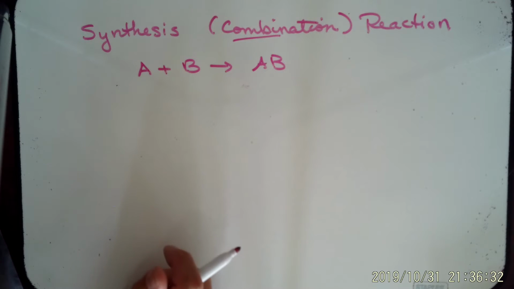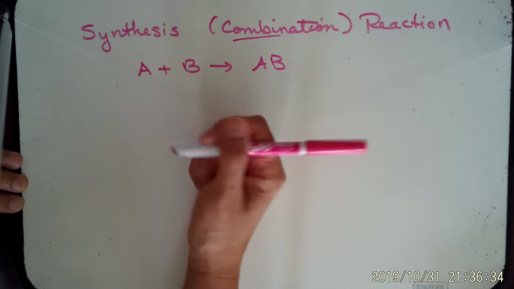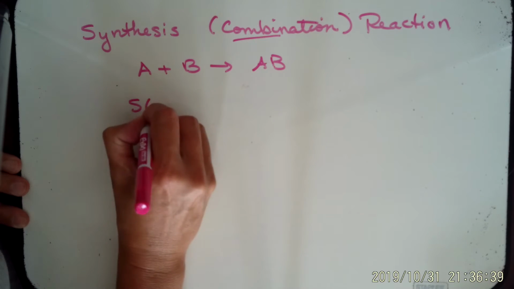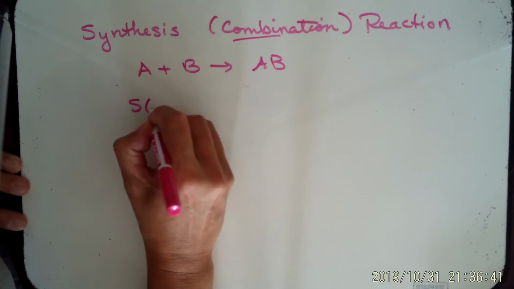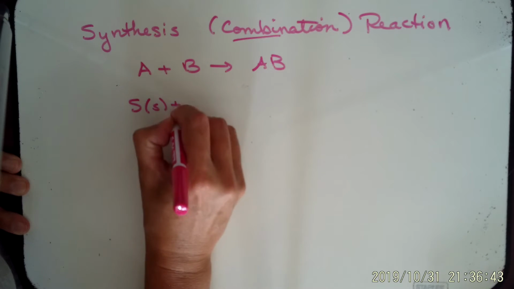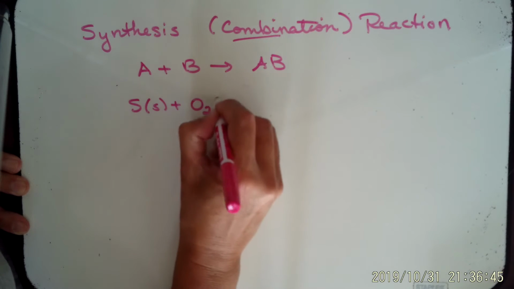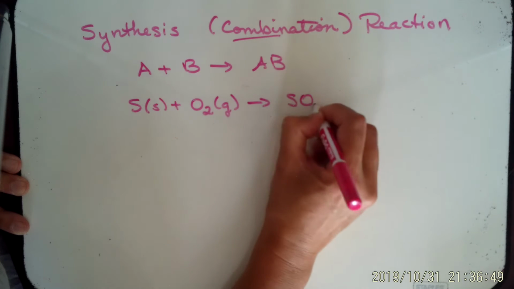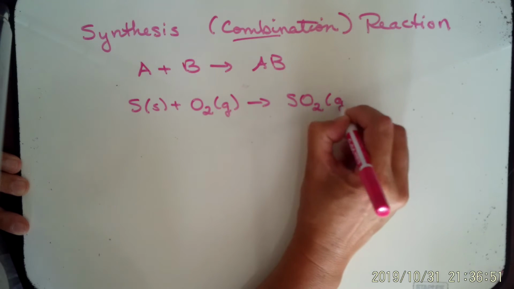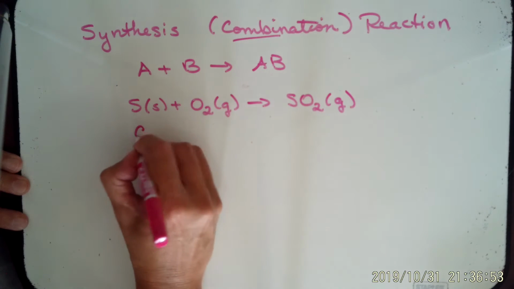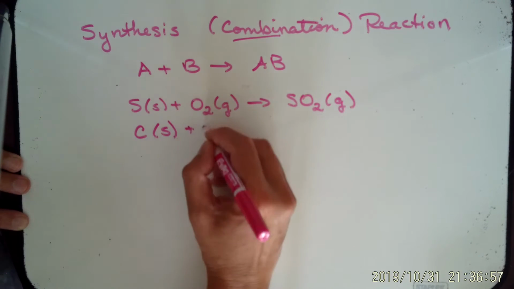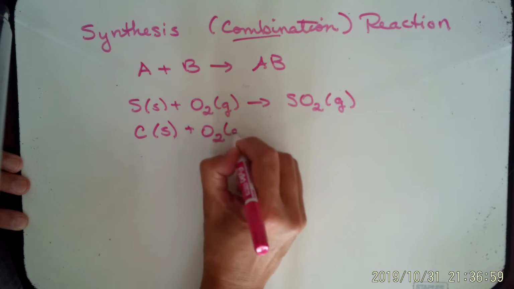An example would be when we heated up the sulfur and it reacted with the oxygen in the air and it gave us sulfur dioxide. And remember how we also had carbon and we exposed it to oxygen.